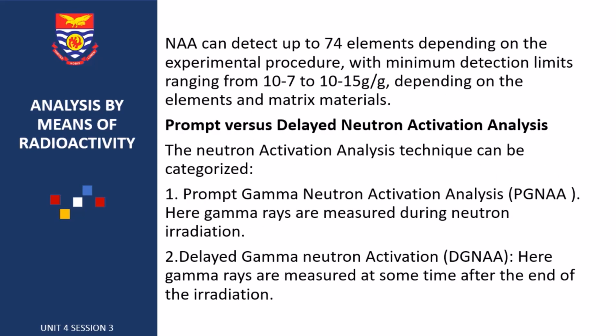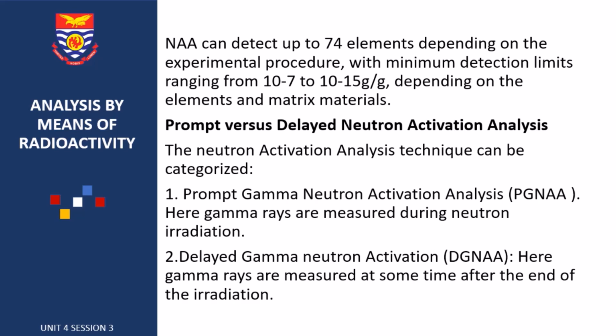The NAA can detect up to 74 elements depending on the experimental procedure that is being employed. It has a detection limit that ranges from 10^-7 to 10^-15 gram per gram of the sample, and this also depends on the element and the matrix material.